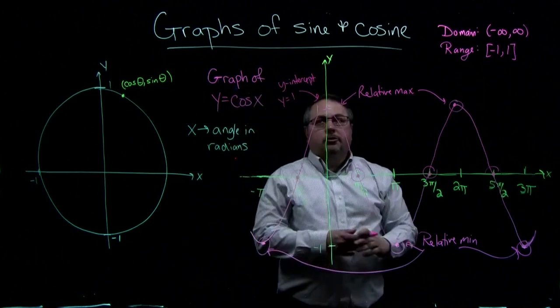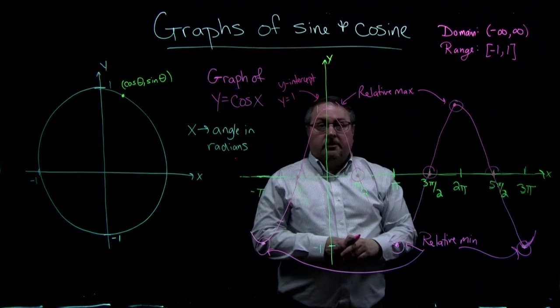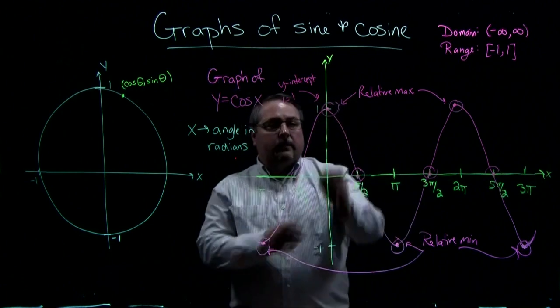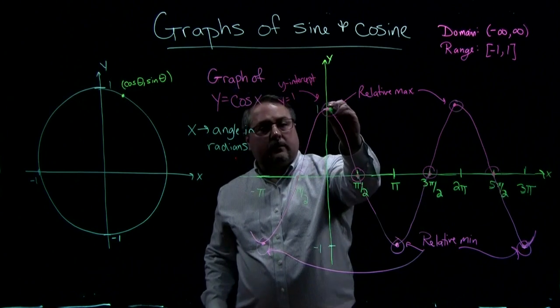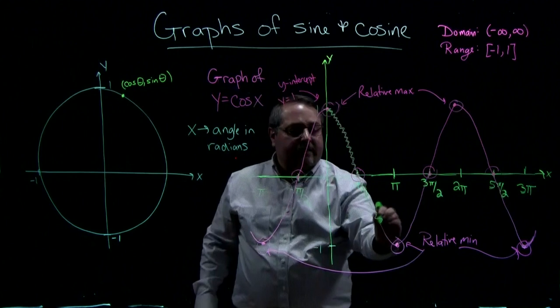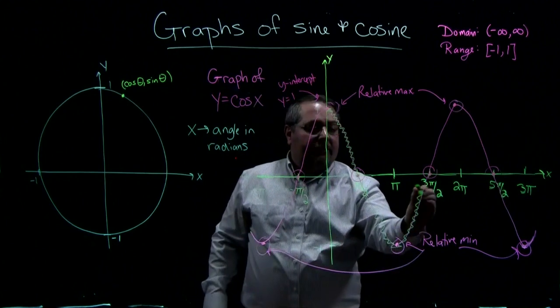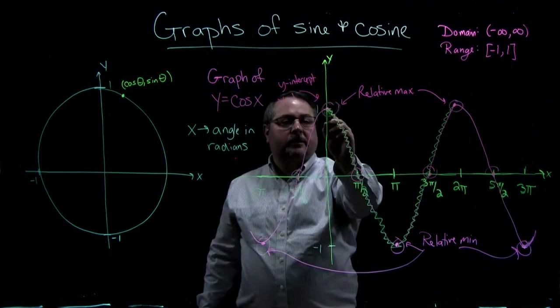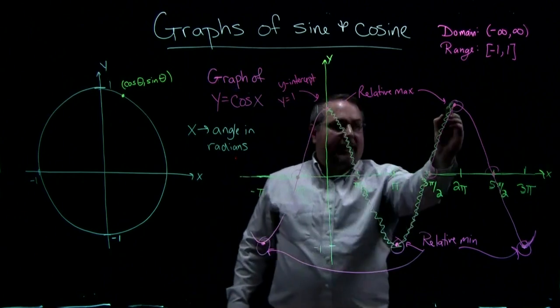Okay. And just like with the graph of the sine function, we're periodic. Our cosine values repeat every 2 pi units. So now we have this piece of our graph where if we start at 0, we would go down and then back up.